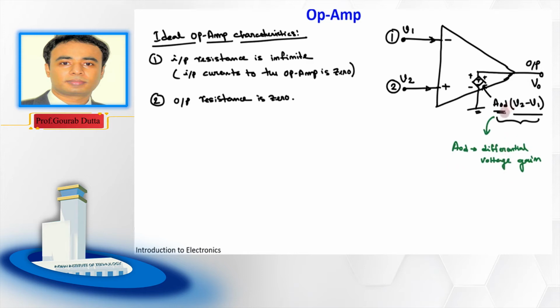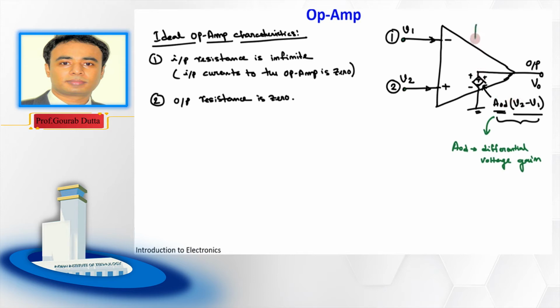That means if you have some voltage V1 here, and we apply some voltage V2, then the output voltage is expected to be infinite. It's a very large value. But is it really possible? Think about it.